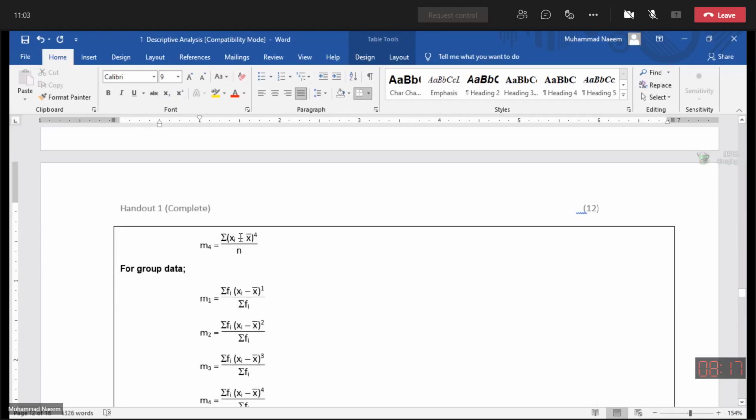We sum up all these powers and dividing by n. In this way, we get the mean value of the power 4 of the deviations from mean value. At the moment, we are considering only first 4 moments. That's all enough for the analysis.